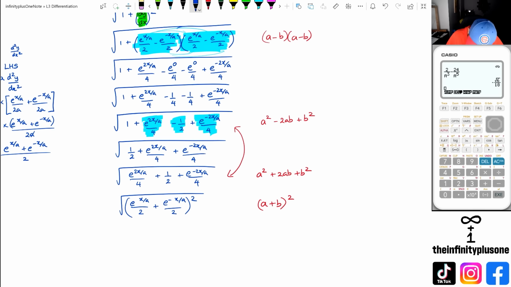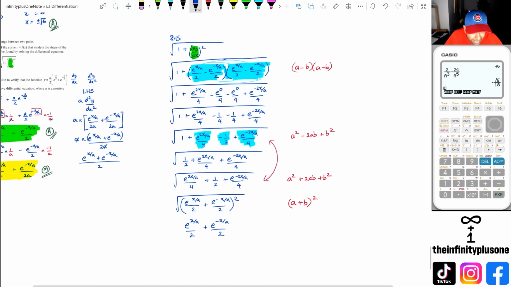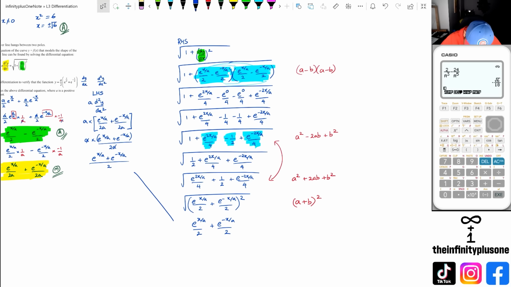Now we can take the square root out, and we're going to get e to the power of x over a over 2 plus e to the power of negative x over a over 2. And basically what we've done is we've actually shown that the left hand side is equal to the right hand side.